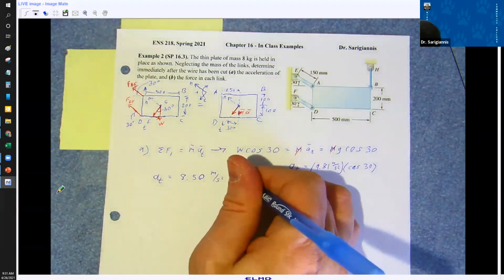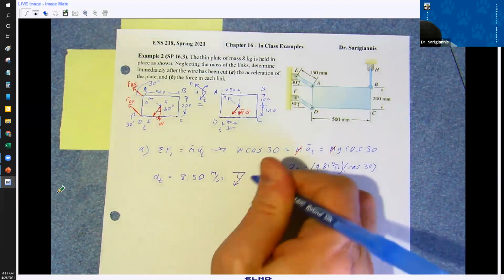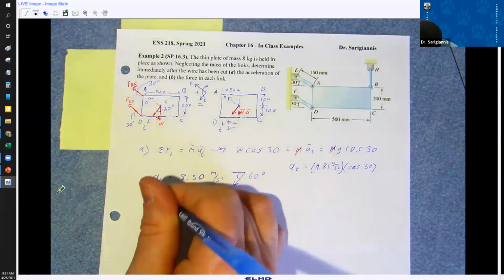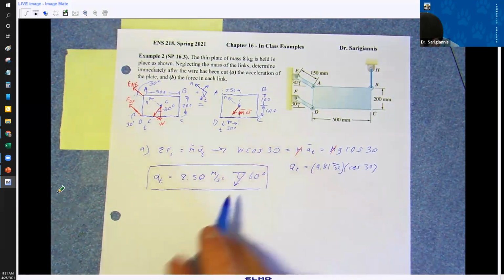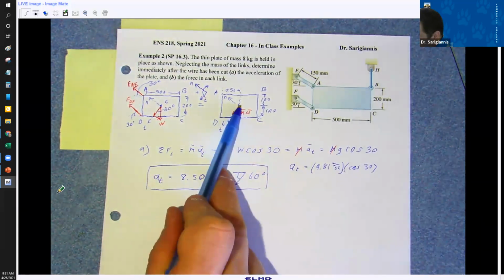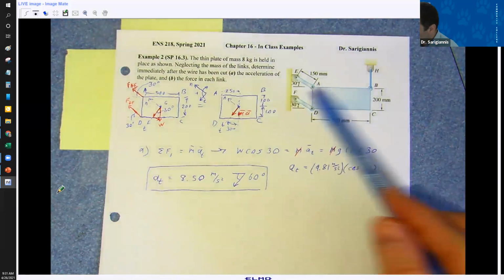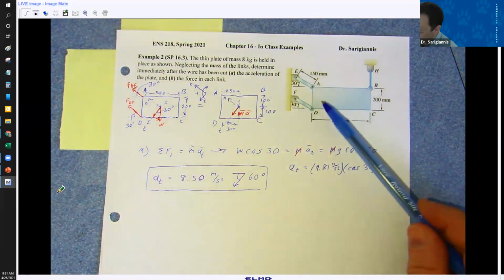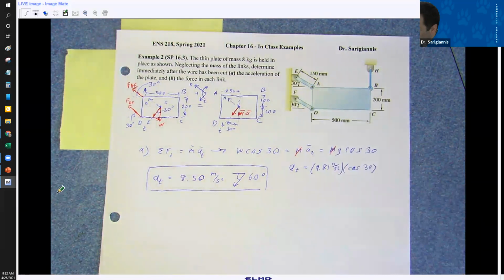And that's at an angle of, depending on how I write my angle here, 60 degrees. 60 degrees down from the negative horizontal, right? Which is just this direction that way. So, you know, we know the plate has to accelerate that way because that's how it's confined by these rigid links.